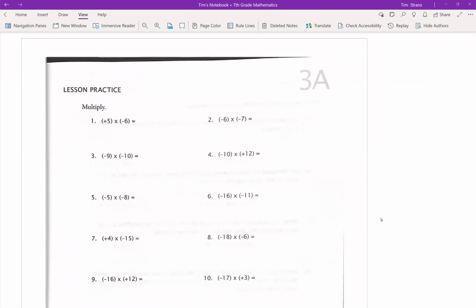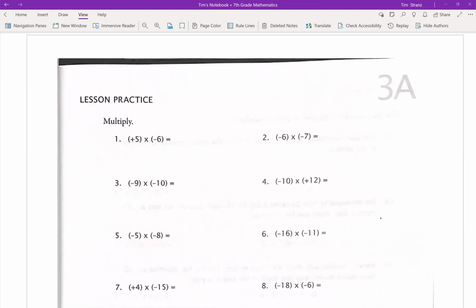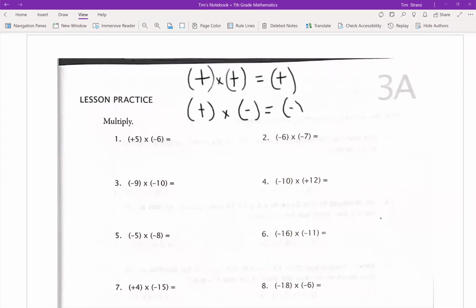Okay, so we got number 1, 5 times a negative 6. One thing you have to remember is when you have a positive times a positive, that's going to stay a positive answer. When you have a positive times a negative, that's going to be a negative answer.